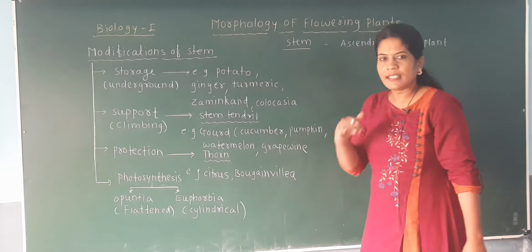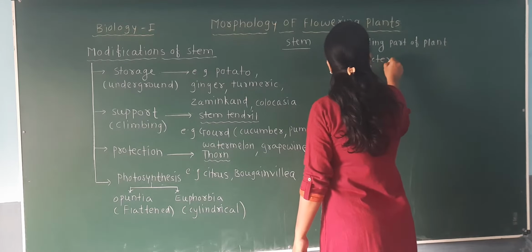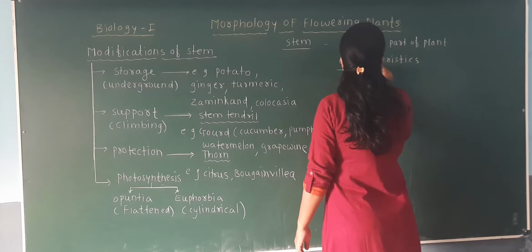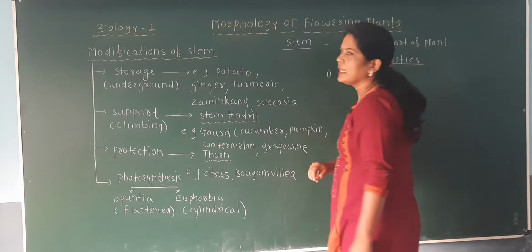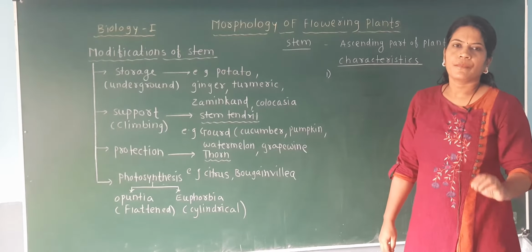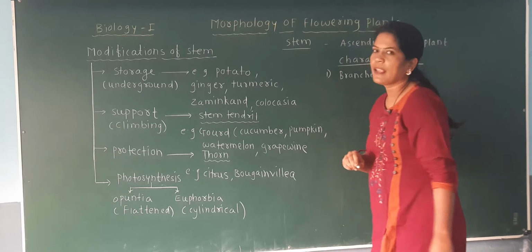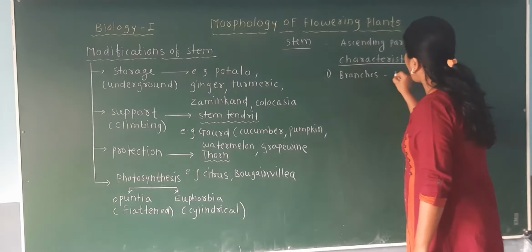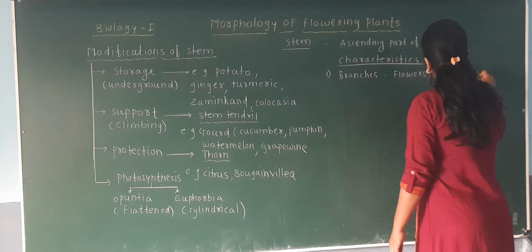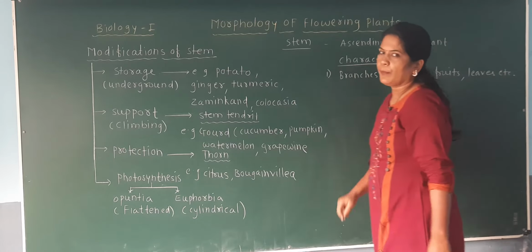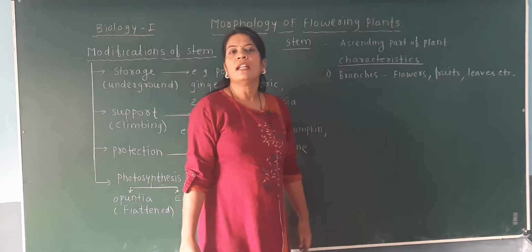So here we will see the characteristics of the stem step by step. The first characteristic of the stem is that it bears branches, and on those branches there will be flowers, fruits, leaves, etc.